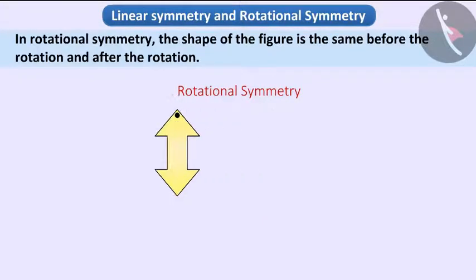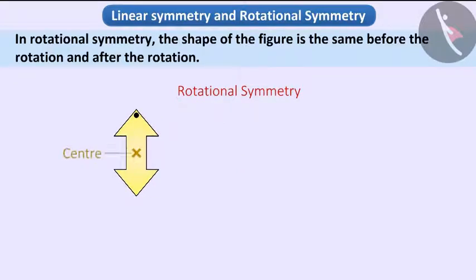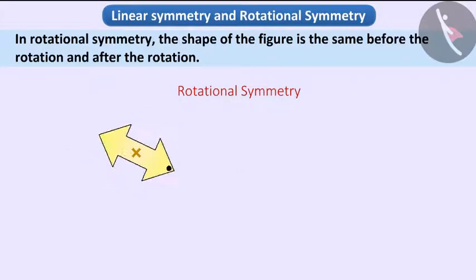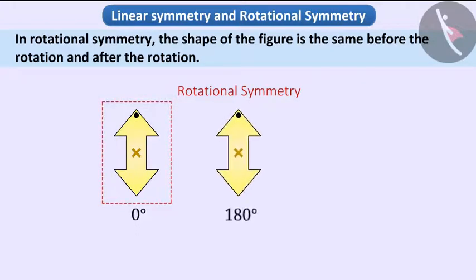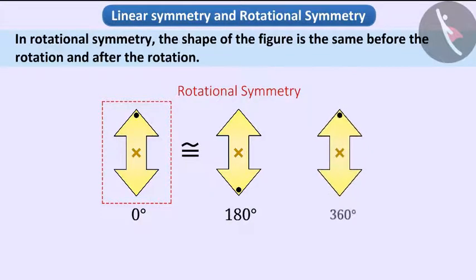If this shape is rotated around its center, we can see that at a rotation of 180 degrees, the shape exactly matches the initial shape. In the same way, we also see that this shape at a rotation of 360 degrees again meets the initial shape.